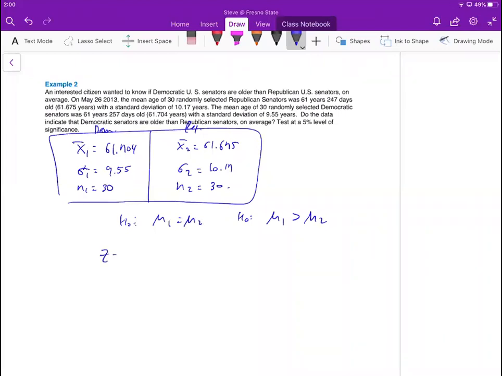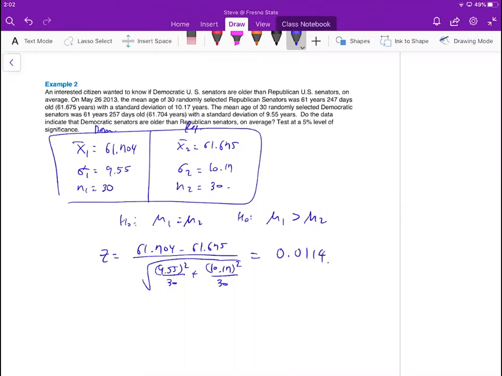So in this case, I'm going to use z. Here I have 61.704 minus 61.675 over the square root of 9.55 squared over 30, plus 10.17 squared over 30. So let me see what this value is. This is approximately 0.0114.